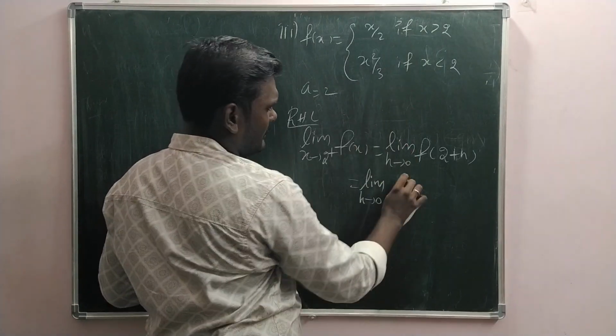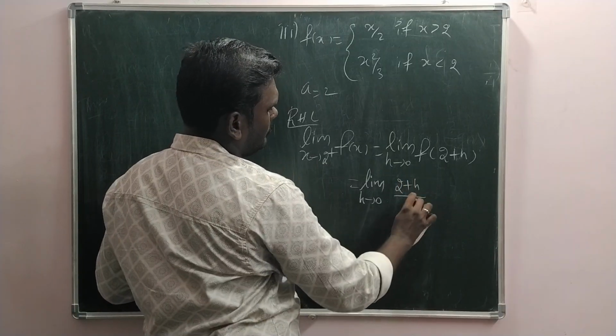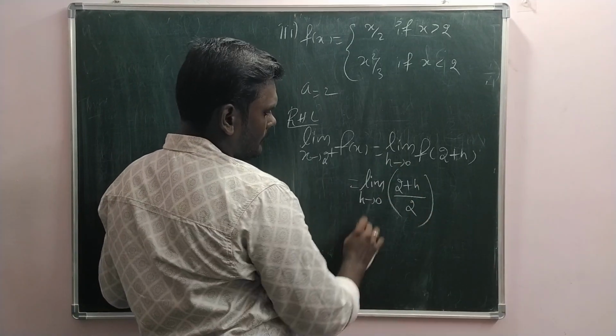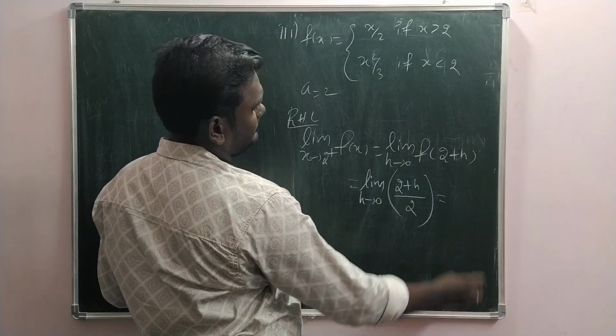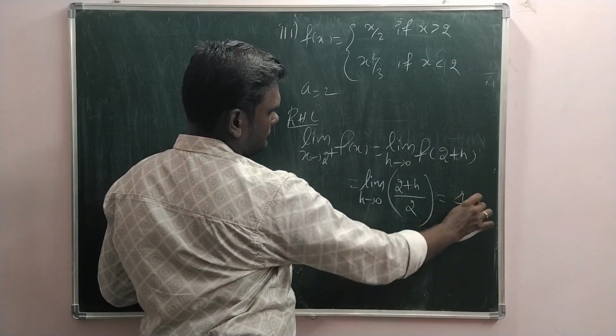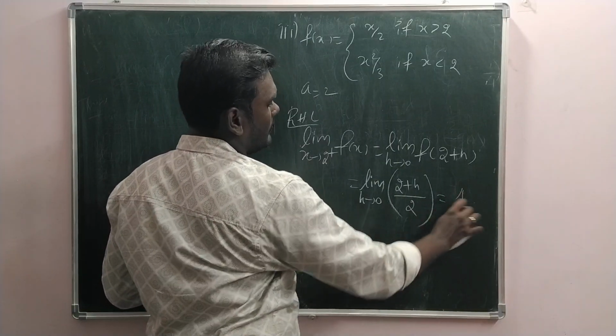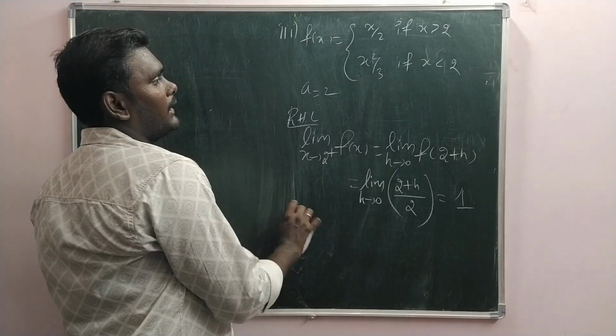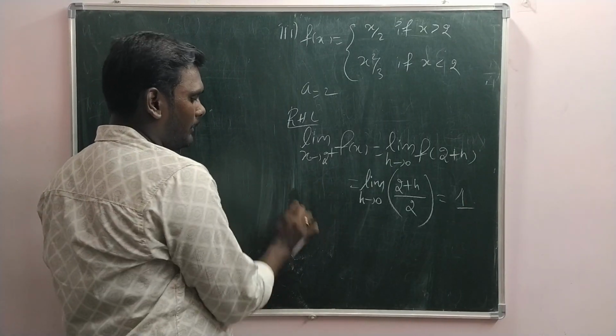So this output will come 2 plus h by 2. No, it is 1. Okay, when h approaches 0, it is 1. And the right hand limit, not right hand limit, left hand limit.